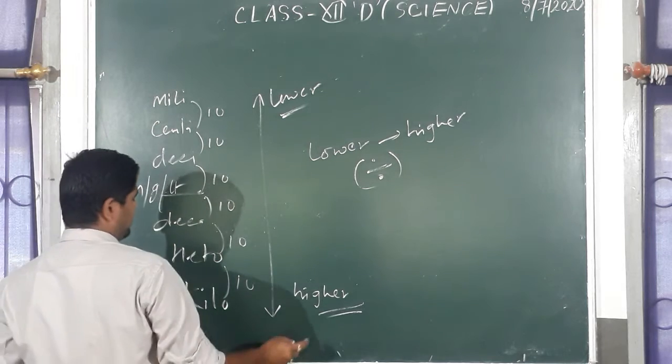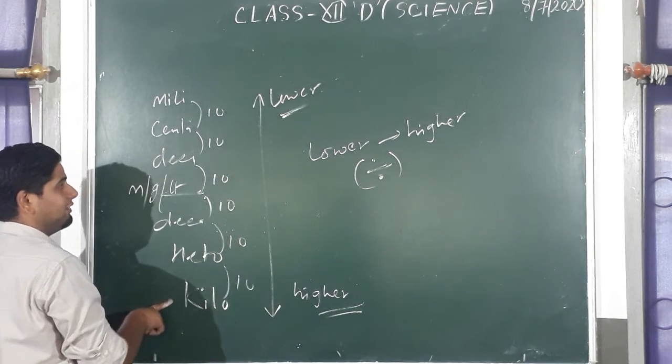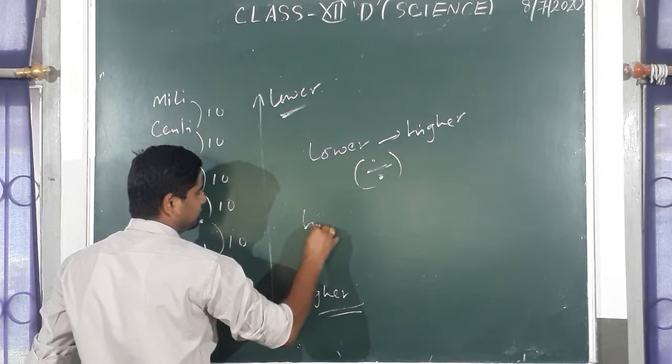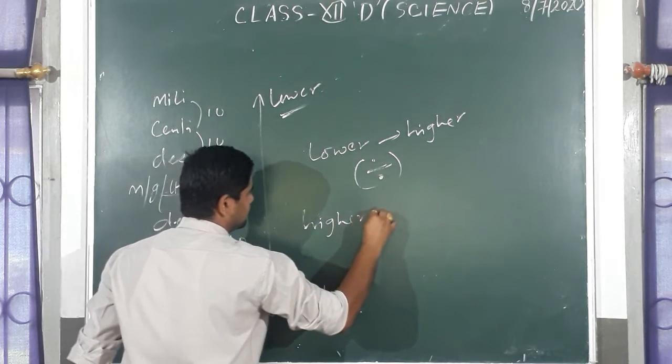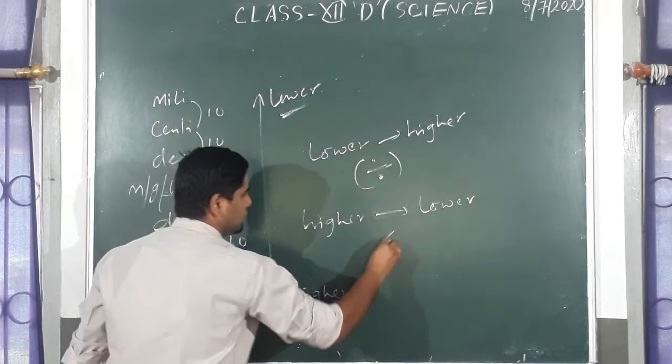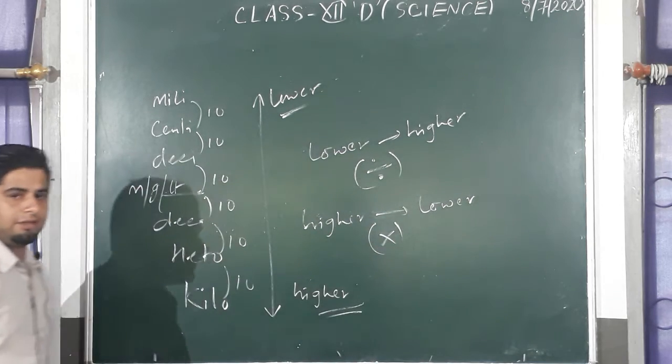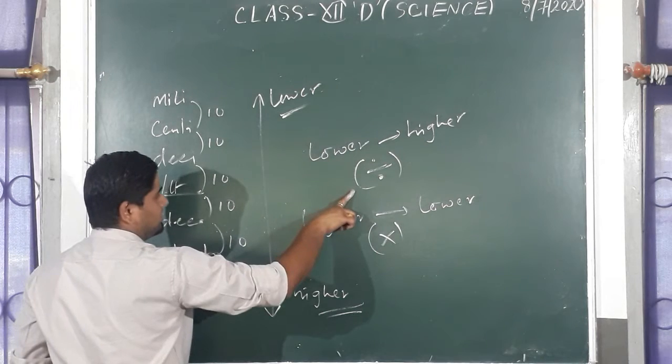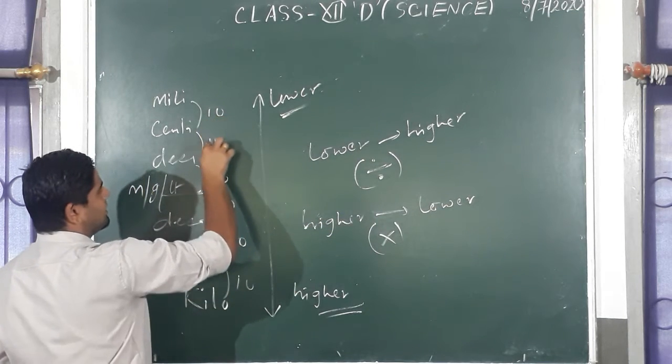If you wish to bring a higher value to a lower value, you need to multiply. You divide by each gap.